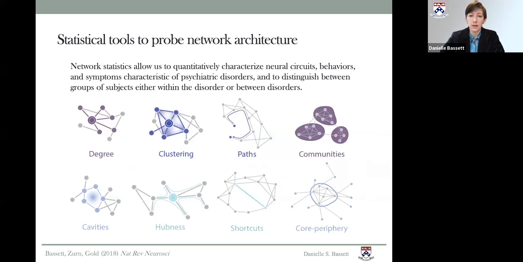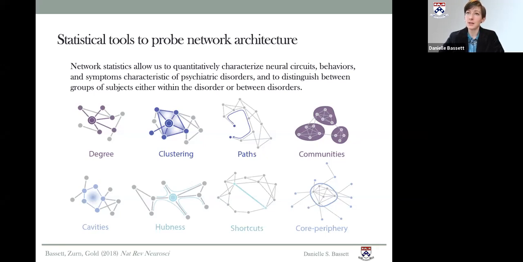And to give you a deeper appreciation of the utility of statistical tools, I wanted to mention that there are so many network statistics that have been developed. Each of them have been developed with different goals in mind and often not necessarily with the brain in mind.